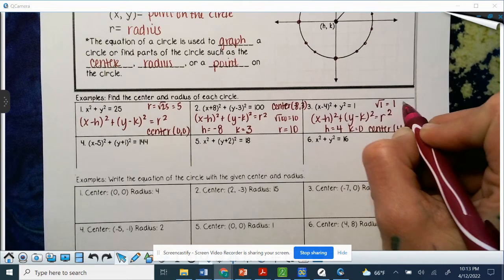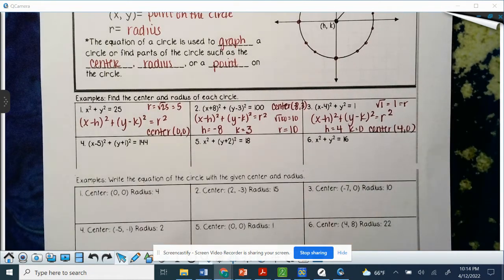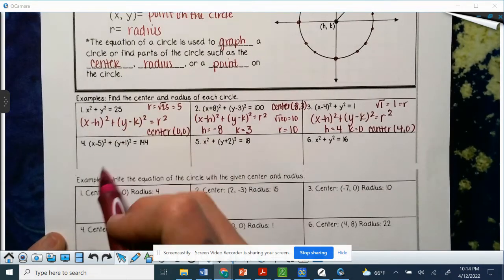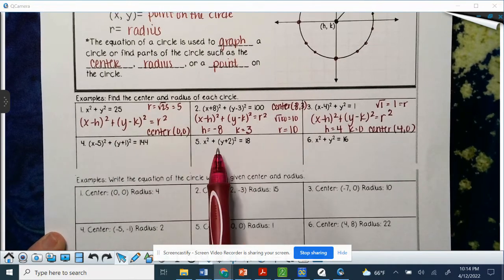So our radius is 1. If our radius is 1, then what is diameter? 2, right? Because it's not 1 times 1 or 1 squared. It's 2 times the radius, so it'll be 2 units long. Pause the video and see if you can do number 4, 5, and 6 and identify the center and the radius from those equations. Please try.